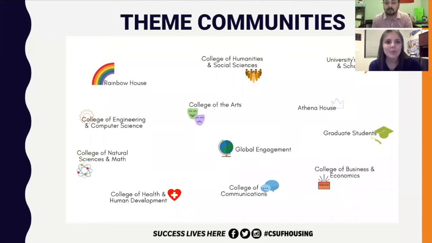These theme communities were Rainbow House, the College of Engineering and Computer Science, the College of Natural Sciences and Math, the College of Health and Human Development, the College of Humanities and Social Sciences, the College of Arts, Global Engagement, College of Communications, University Honors Program, and Athena House, which is a new floor that is partnered with our Women's and Adult Reentry Center, and it's centered around gender equality and empowerment. And then we also have graduate student floor, and then the College of Business and Economics.